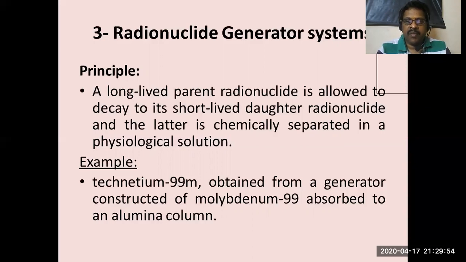In that, the molybdenum has more affinity, so it will be adsorbed over that, and it will be allowed to decay on its own, and slowly it will produce the daughter short-lived radioactive nuclide, technetium. This technetium only we want. Actually, this molybdenum can be made by the cyclotron procedure described previously. That product can be used further for making technetium-99.